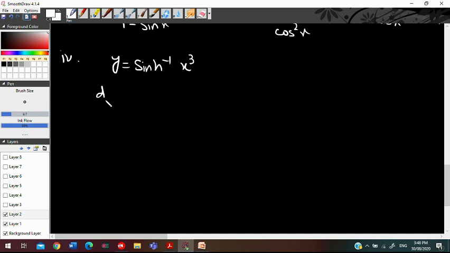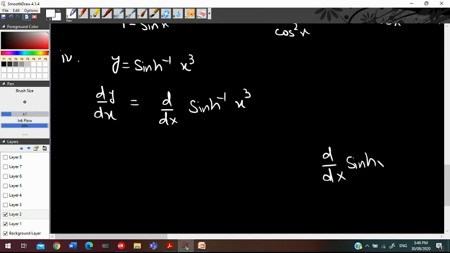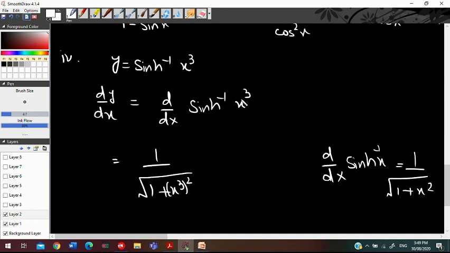You differentiate both sides with respect to x, and d by dx of sinh inverse of x cube. You will use the formula for sinh inverse of x, which is 1 divided by the square root of 1 plus x square. But in this case you have x cube, so whatever you have there, you will move according to the formula.